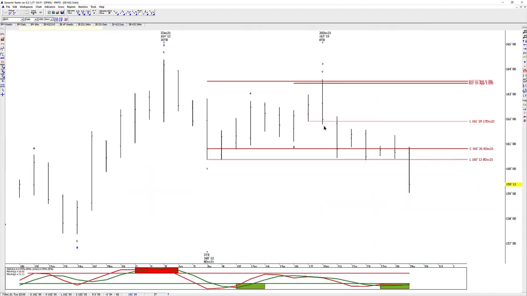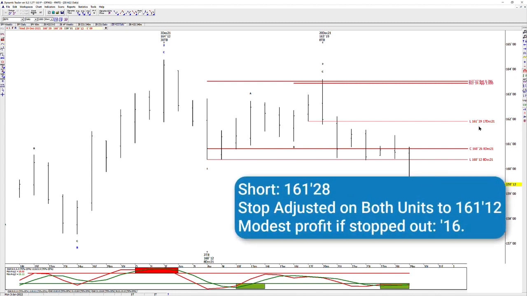The short was taken, I've got to go back and remind myself, at 161.28. So it ensures at least a modest profit, even if bonds were to come up and take out this high. And I think that's the high, the 161.11.